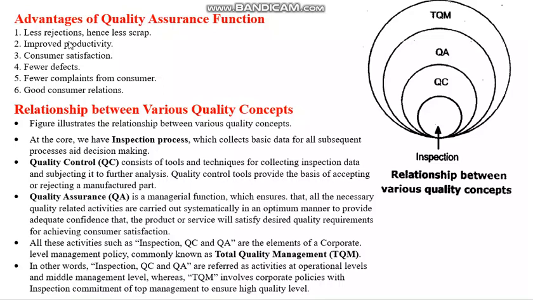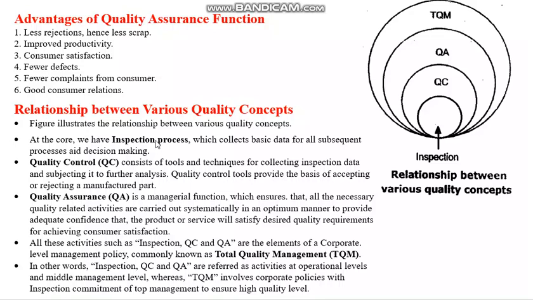This advantage works for quality control also, quality assurance also. Okay, improved productivity, consumer satisfaction, fewer defects, fewer complaints from the consumer, and good consumer relations. Good relations with the customers, between the customer and the company. That's what we mean if you say good relations.